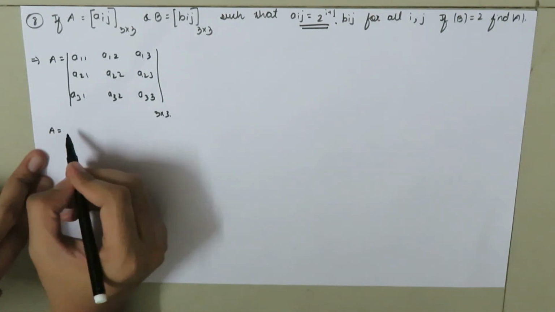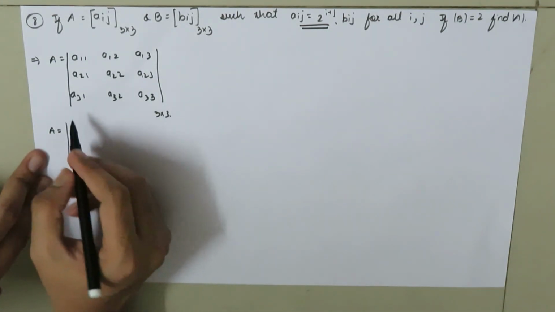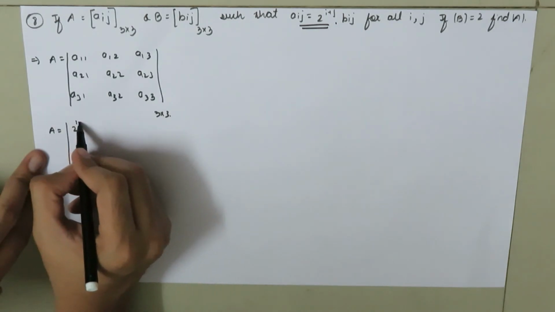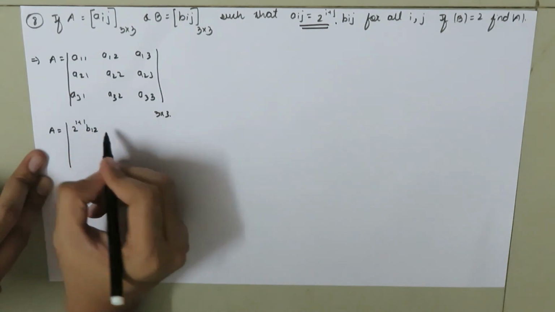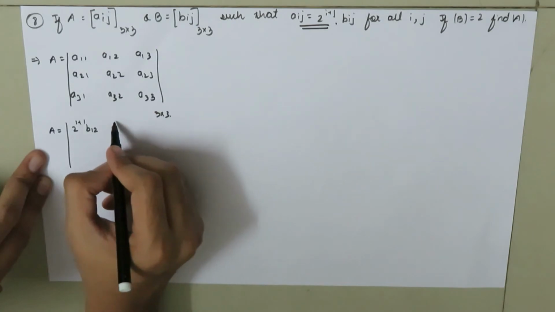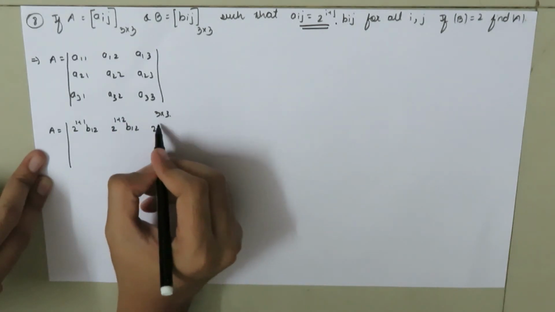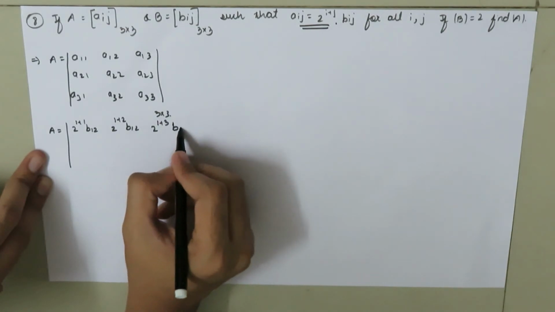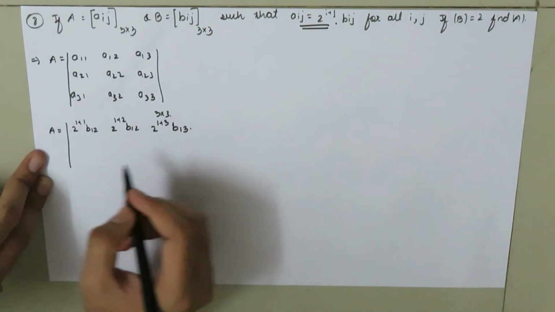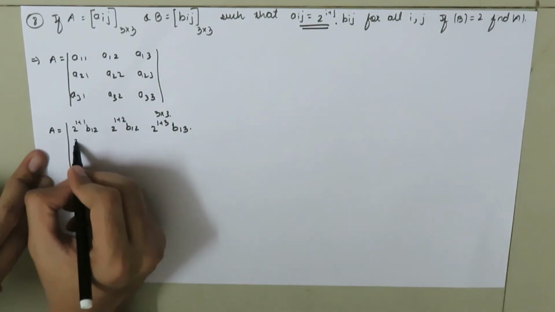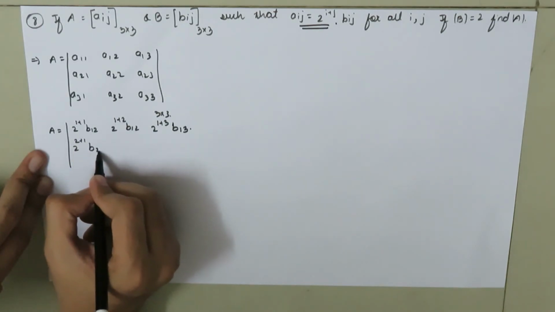So this is A, and this is 2 to the power 1 plus 1 times B11. This will be 2 to the power 1 plus 2 times B12. This will be 2 to the power 1 plus 3 times B13. This will be 2 to the power 2 plus 1 times B21.